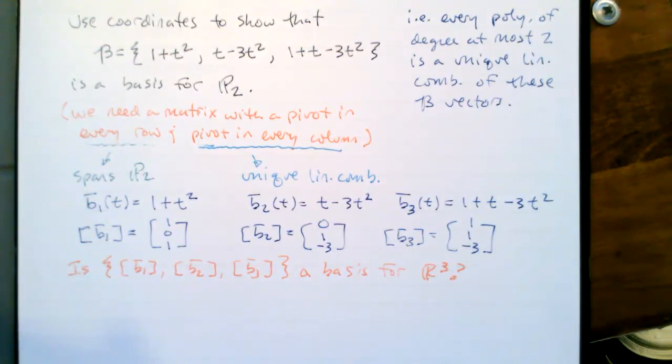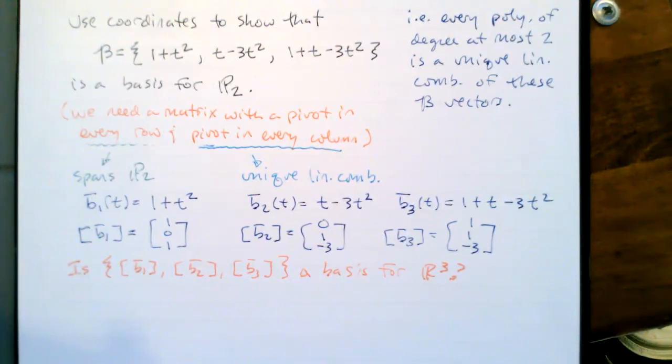So to make sure that I get everything in P2, I want a set of vectors that spans P2. When we think of span, we should think pivot in every row. When we want a unique linear combination, that means we want a linearly independent set, and that makes us think pivot in every column. Pivot in every row will make sure that we get everything in P2. Pivot in every column means that we'll get unique linear combinations.